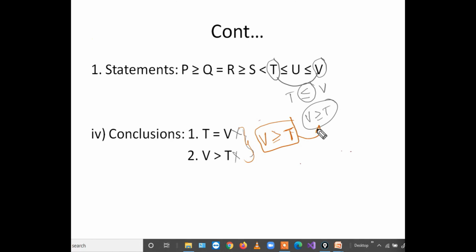Is it not the required relation? Yes, it is the same. Required relation is V is greater than or equal to T. Actually, individually, they both are failed, but together they are giving the required result. Means it is doing 50% work and it is also doing 50% work, but together they are doing 100% work.